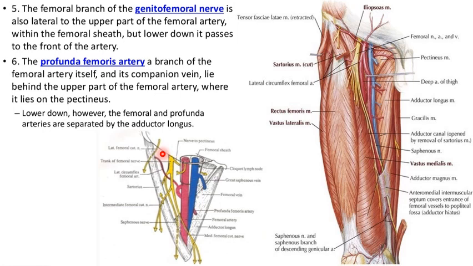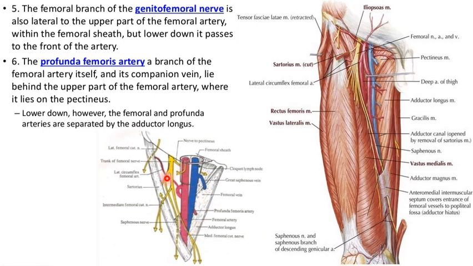over the femoral triangle. Now coming to the profunda femoris artery, which is one of the largest branches of the femoral artery, it is between the femoral artery and the pectineus and is posterior to the femoral artery. And lower down, as you come towards the apex of the femoral triangle, the profunda femoris artery is separated from the femoral artery and the adductor longus.